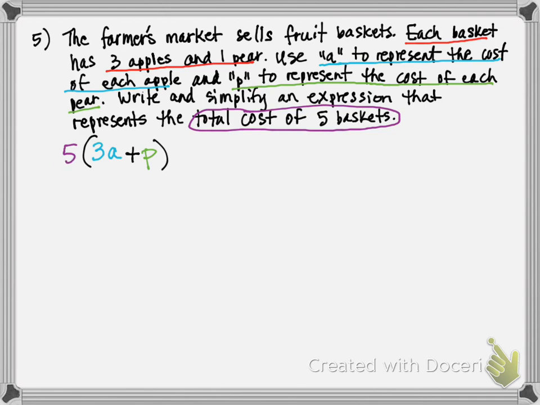So 5 is the number of baskets. 3A is going to be the total cost of apples.